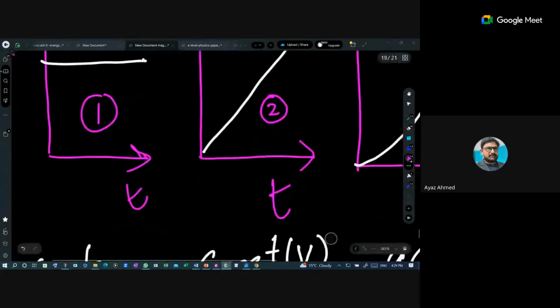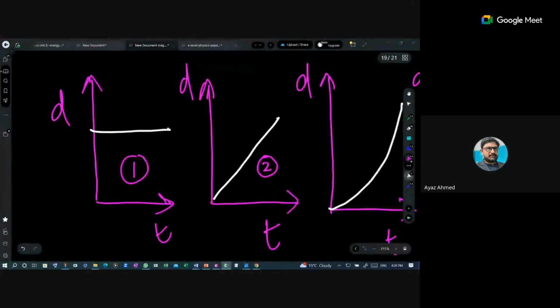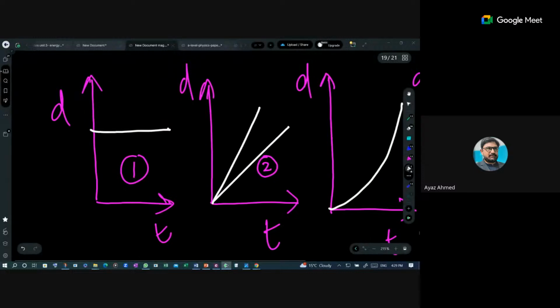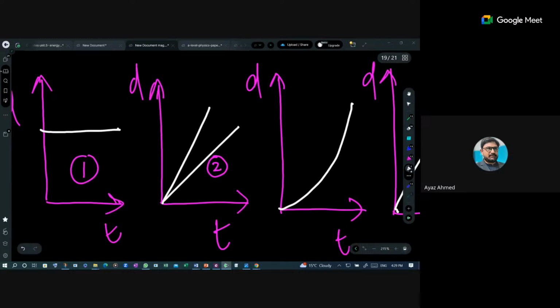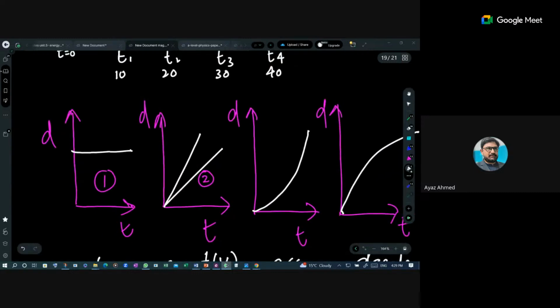Similarly, if I come to this point, I would explain it again. These two graphs are basically showing you constant speed. Although they are distance time graphs, here it is a, it is b. So if I say that it has constant speed, the speed of a, v of a, is greater than v of b. Do you agree?